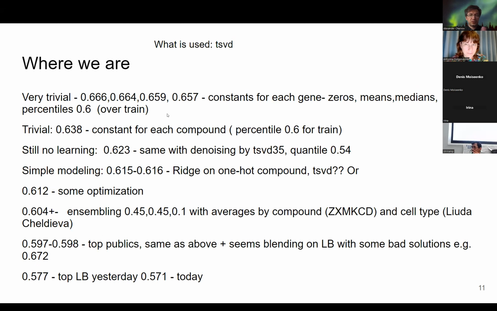For each gene it will be a constant, different for different genes, but it will not depend on the cell type or the compound or the drug. We consider this our first benchmark, the trivial baselines. These numbers.